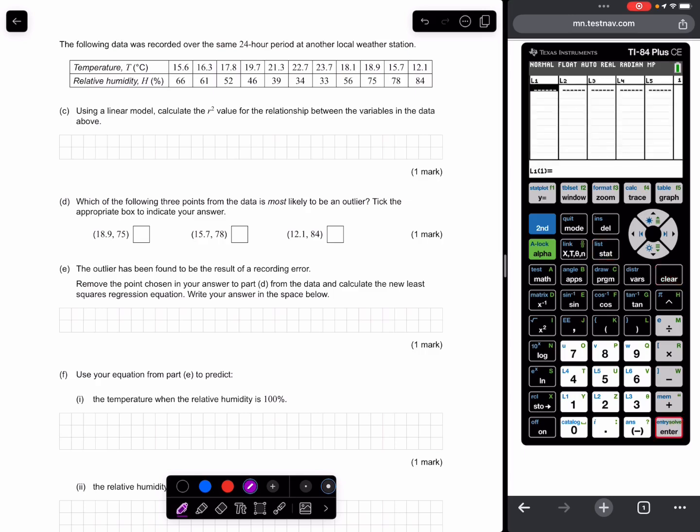Start, edit, 15.6, 16.3, 17.8, 19.7, 21.3, 22.7, 23.7, 18.1, 18.9, 15.7, 12.1. 66, 61, 52, 46, 39, 34, 33, 56, 75, 78, 84.